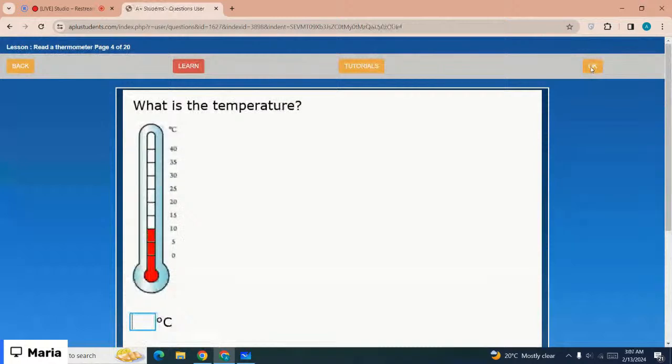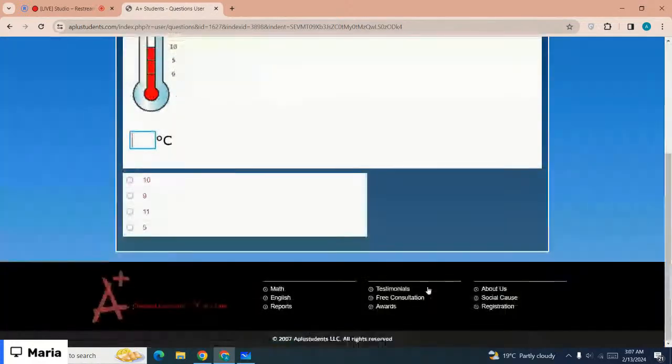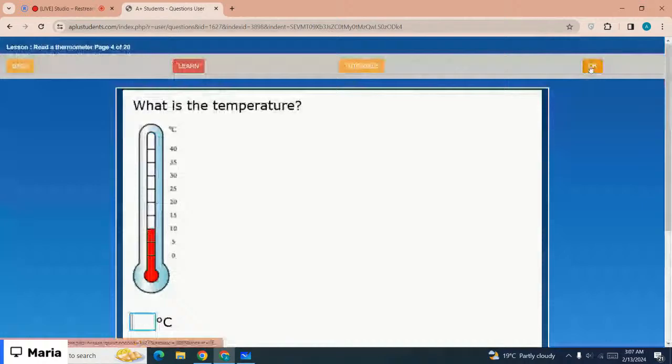The next one is, what is the temperature? Which is the correct option? The correct option is 10 degrees Celsius.